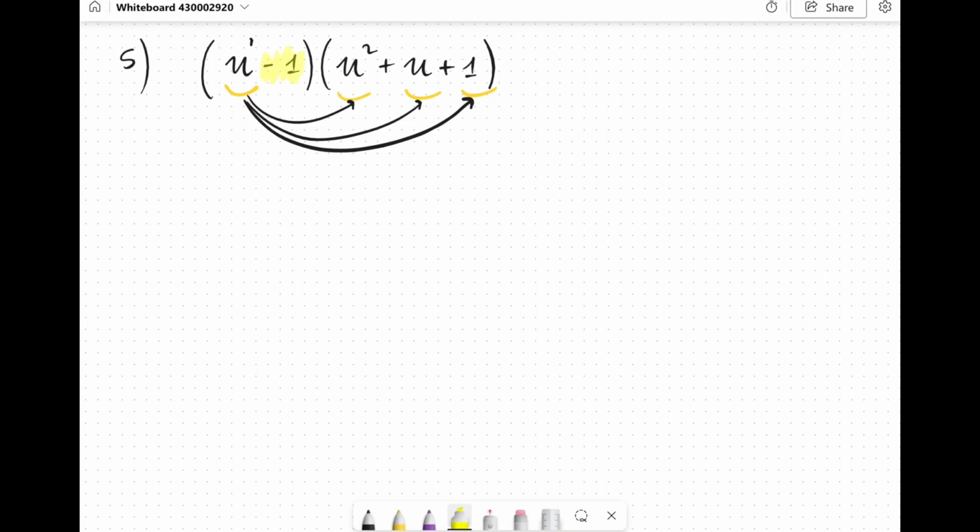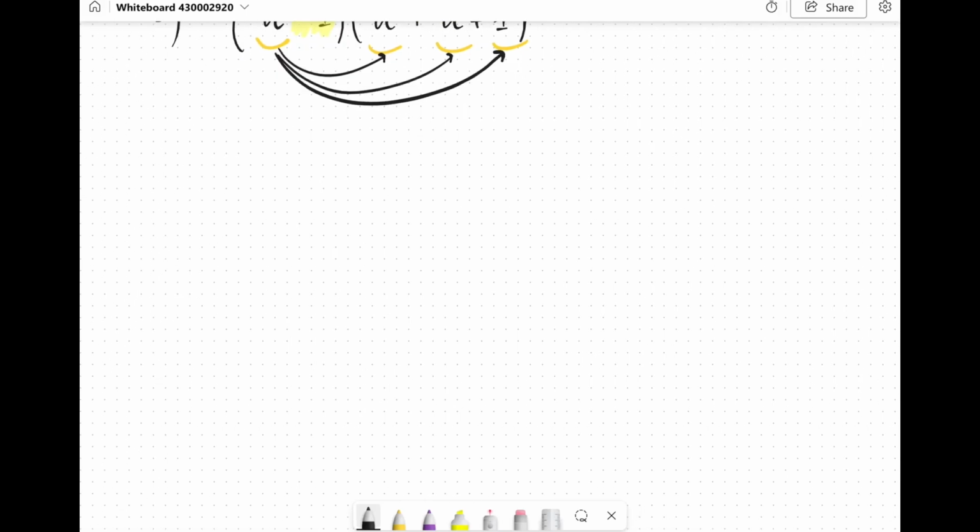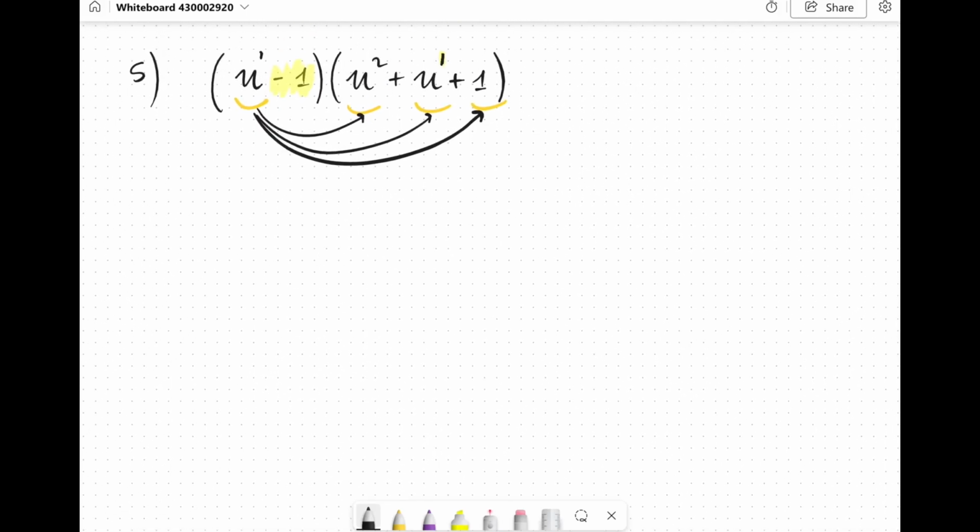Again, keep in mind that each u that does not have an exponent has the exponent of 1 for the purposes of multiplication. So we'll go by this first arrow. U to the first times u to the second is u to the third. U to the first times u to the first, add the exponents, positive u squared. U to the first times 1 is positive 1u. You can write to the first, but you don't have to.